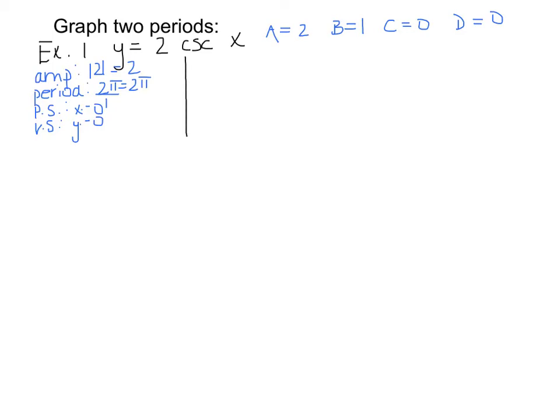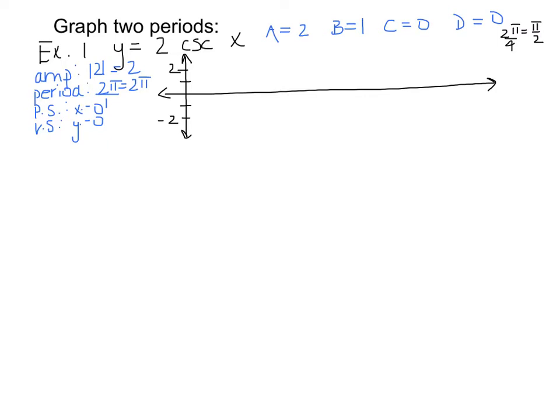Now, the difference is we're going to be doing 2 periods. So my highest is 2, my lowest is -2. We're starting at 0, and you take your period and divide it by 4, which is pi over 2.